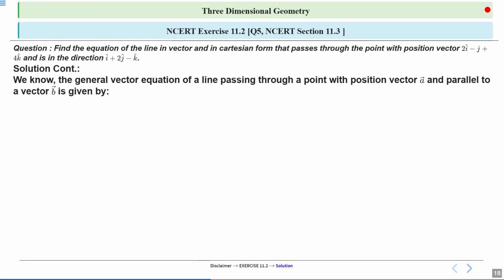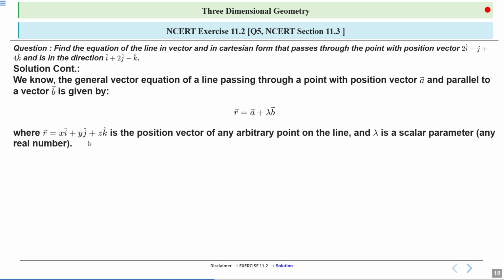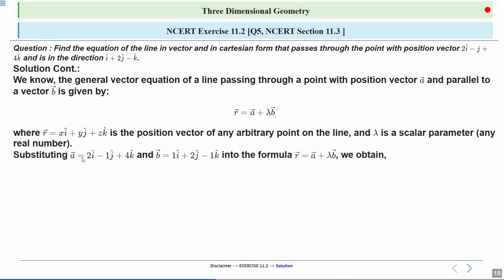Now substituting these values, the equation becomes vector r equals vector a plus lambda times vector b, where vector r equals xi cap plus yj cap plus zk cap. Vector r is the position vector of any arbitrary point on the line, and lambda is a scalar parameter, any real number.